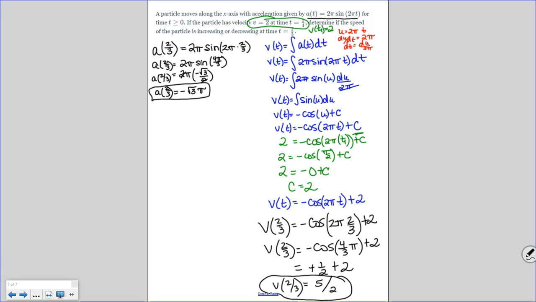Acceleration is negative. So the speed of the particle is decreasing because the signs are opposite. One's negative, one's positive. So the speed is decreasing at time t equals 2/3. Now, let me show you how you're going to have to enter that.